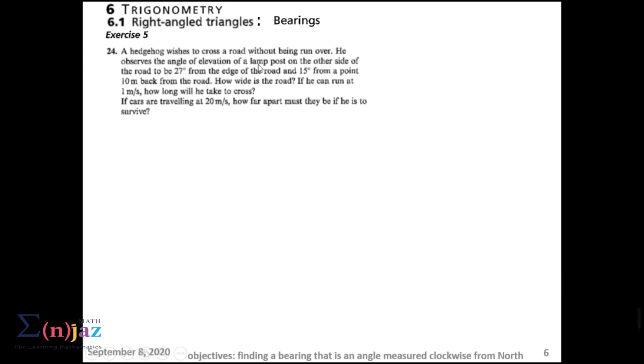So he observes the angle of elevation of a lamp post on the other side of the road to be 27 from the edge of the road and 15 from a point that is 10 meters back.